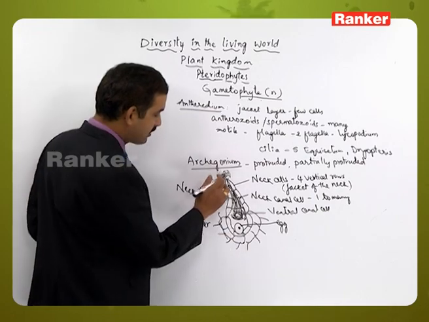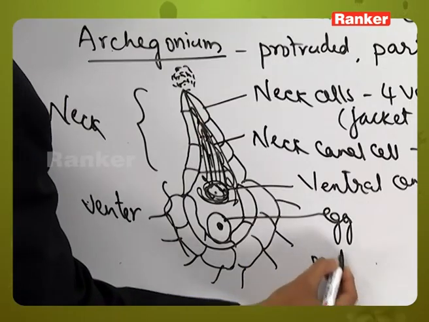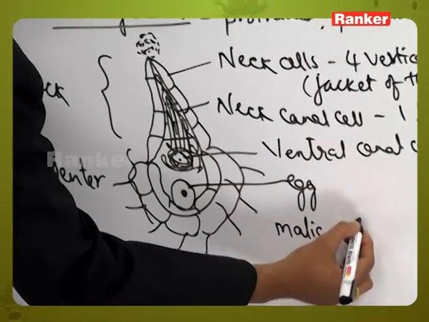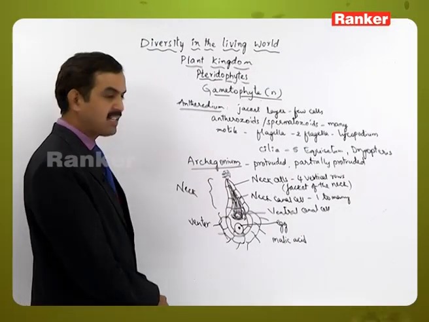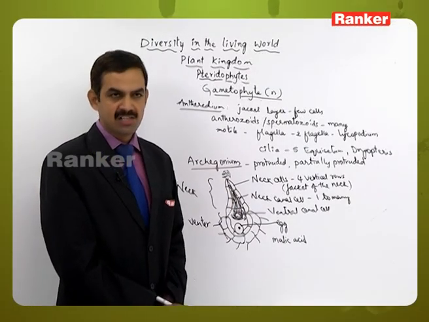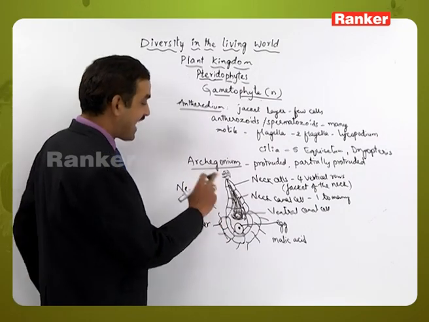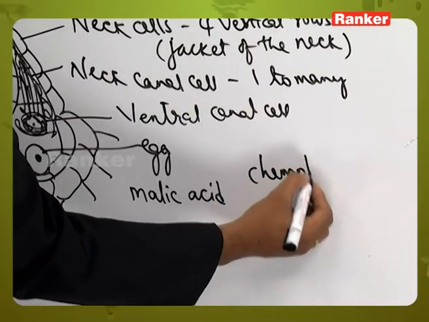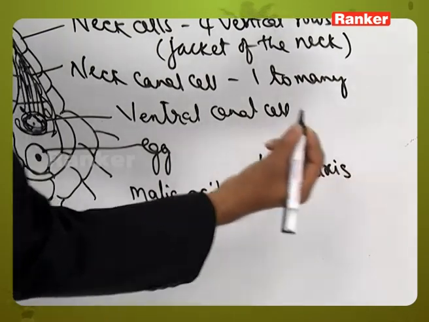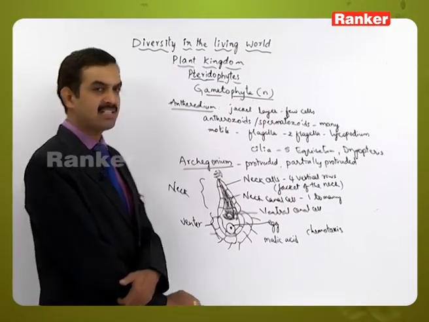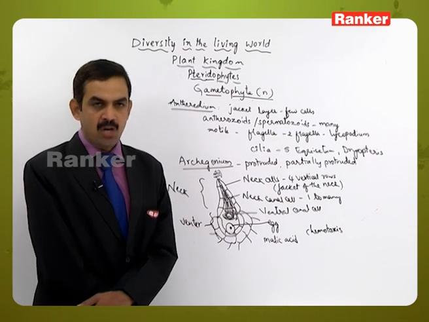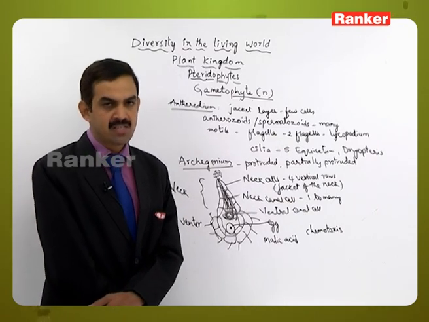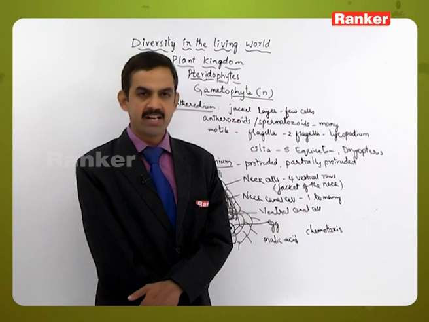This mucilage contains a chemical called malic acid. The spermatozoids are attracted because of this chemical, that's why we call it chemotaxis. This is a common feature present in both bryophytes and pteridophytes.